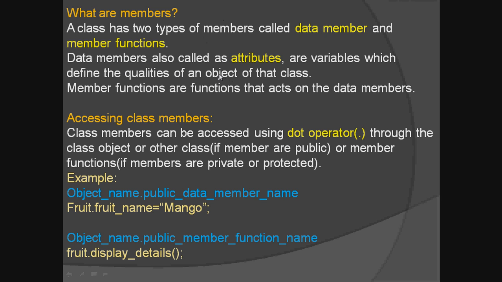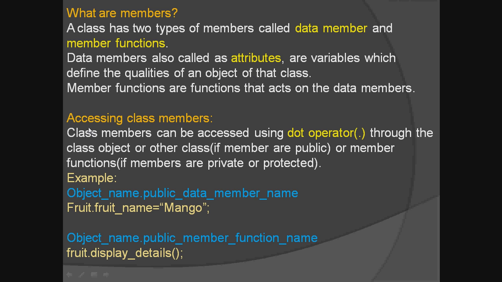Using the attributes, we get to know what type of characteristics an object contains, like suppose mango, the shape of the mango, the price of the mango, or the name of that particular object. Member functions are functions that act on the data members. So using the member function, we can operate on the data members of that particular object.